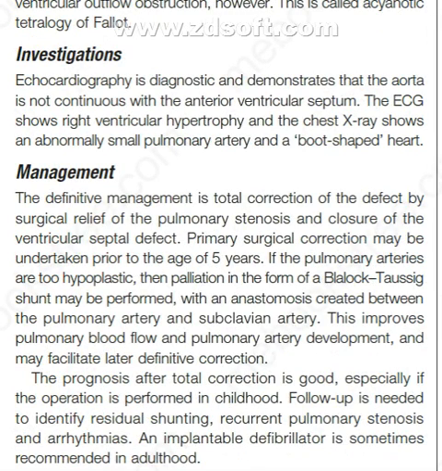Now, the investigation. Echocardiography is diagnostic and demonstrates that the aorta is not continuous with the anterior ventricular septum. The ECG shows right ventricular hypertrophy and the chest X-ray shows an abnormally small pulmonary artery and a boot-shaped heart.